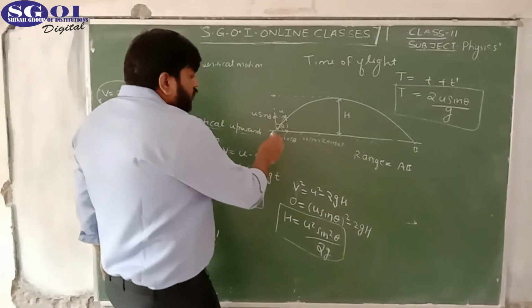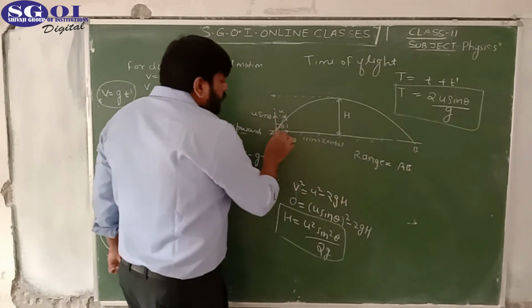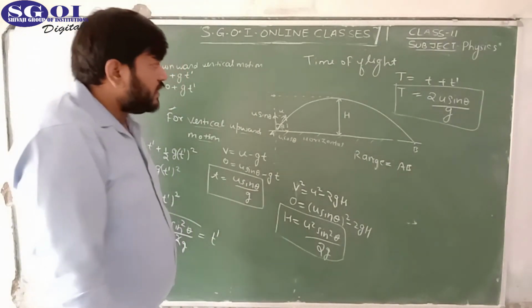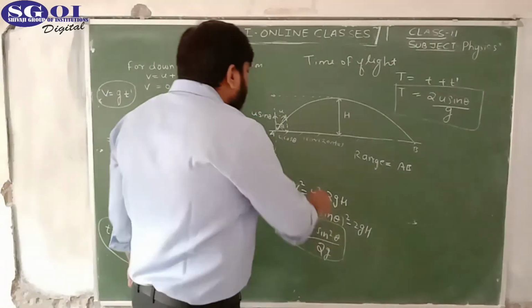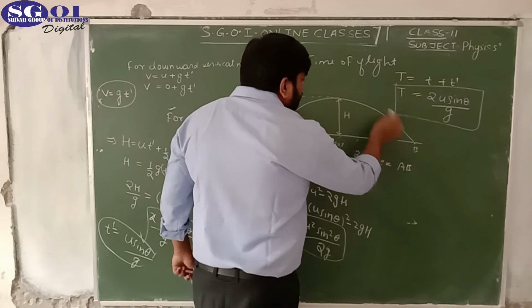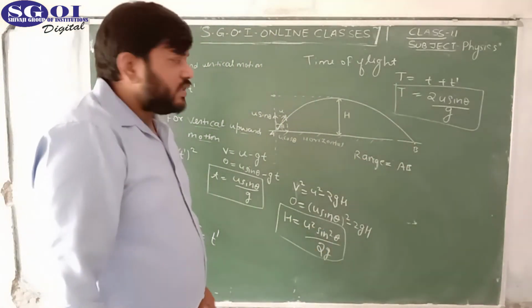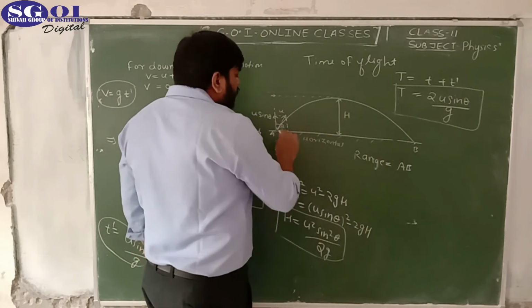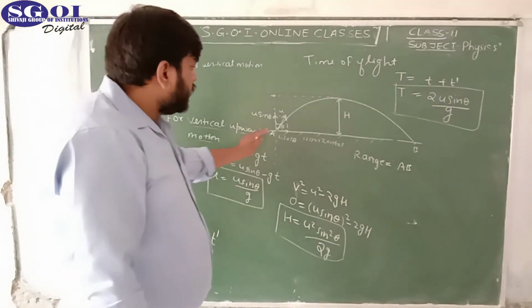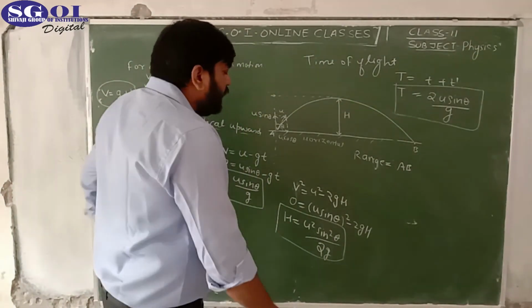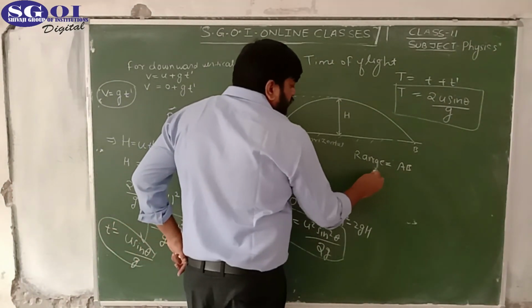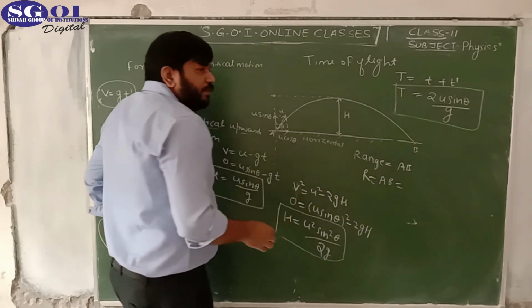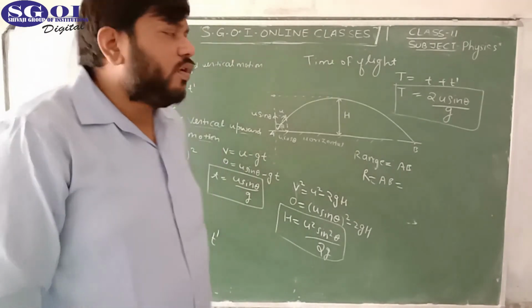So when the object moves from this point to this point horizontally, the time is equal to the time of flight. The object covers the distance in this time and reaches finally at B, so the range R, which is AB, is found simply.